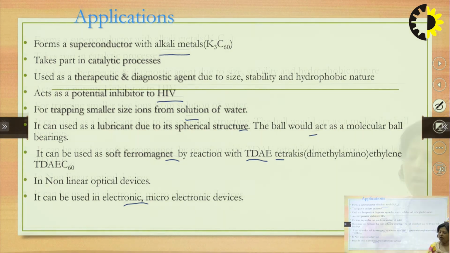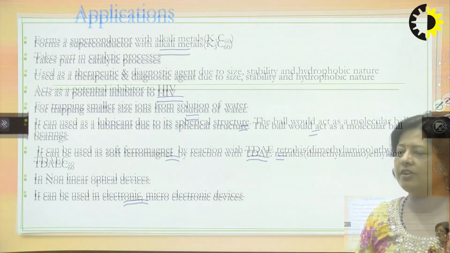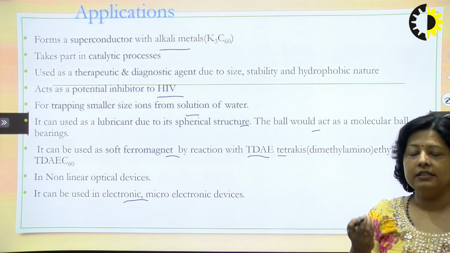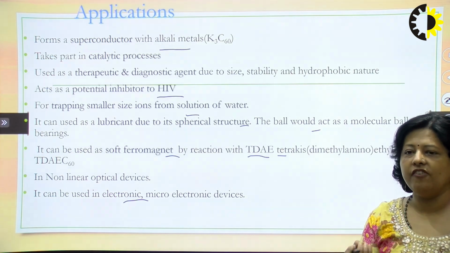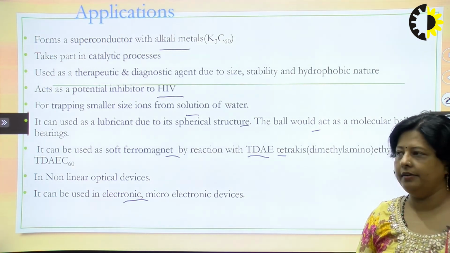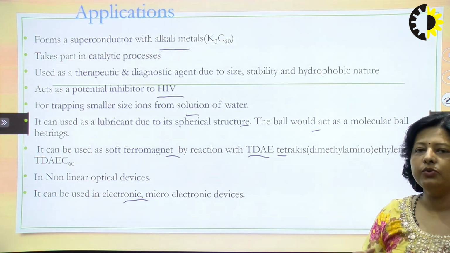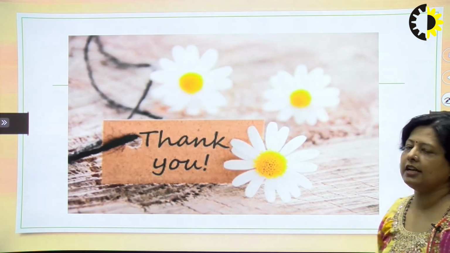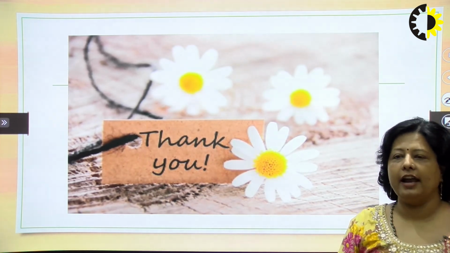So, this is all about graphite and fullerene, which are allotropes of carbon, and these days the study of fullerene and graphite is being done much more extensively, and it may be useful for further purposes, as different applications exist for graphite and fullerene.